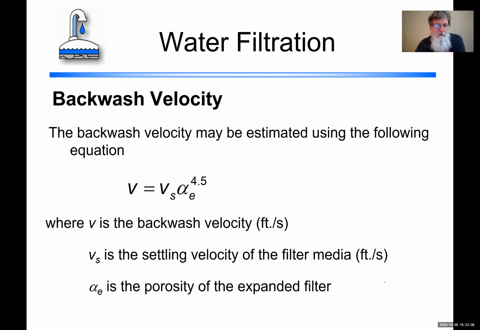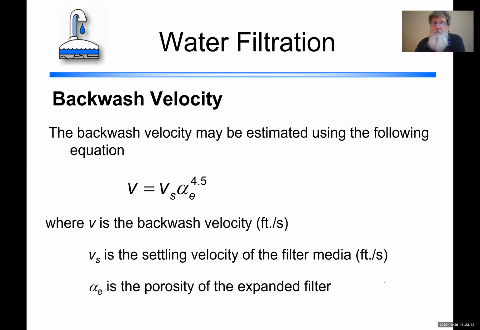The alpha sub E is what's called the porosity. Alpha will be the porosity, and then E will be of the expanded filter. So this is one of your design variables. There may be a typical porosity, and that porosity is a measure of the percentage of void space. So if something had zero porosity, it'd just be a solid.